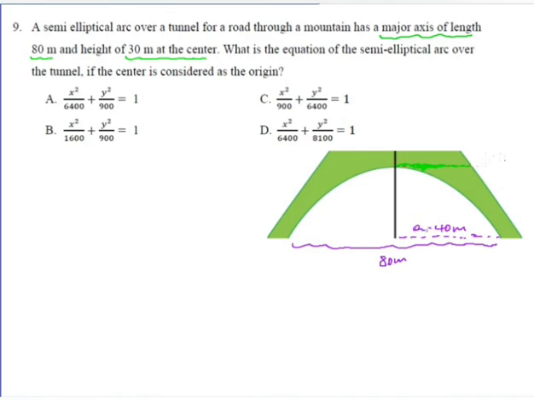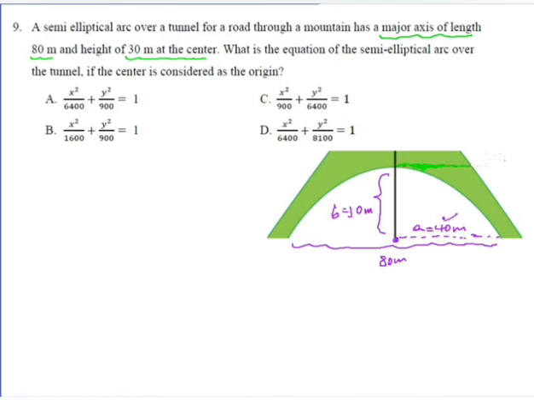A is the notation that we use for the semi-major axis, and 30 meter is the height at the center. This is the height of the tunnel at the center, which is 30 meter. We usually denote it by B. B is 30 meter. This B is the semi-minor axis, and A is the semi-major axis.